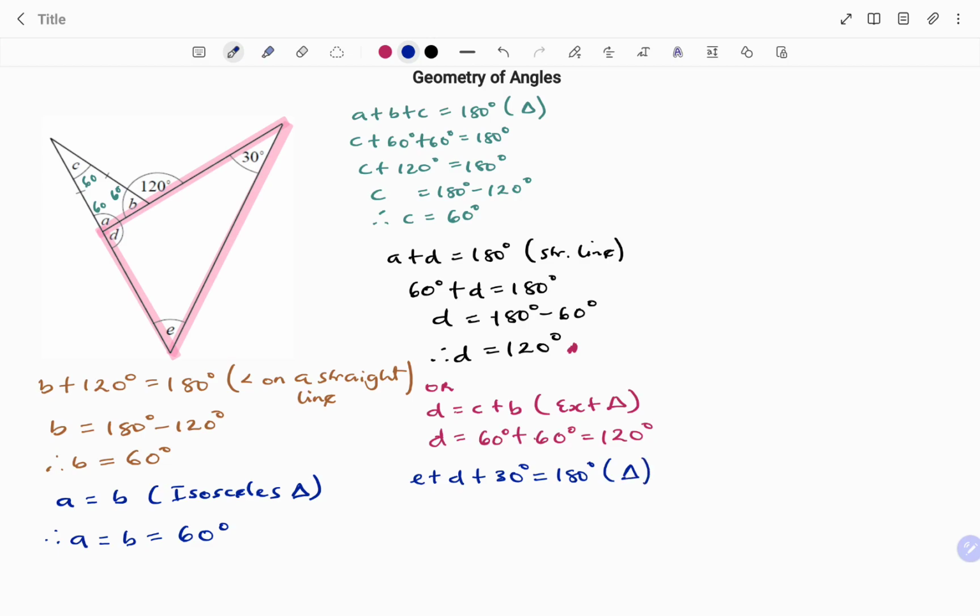I have my D to be 120, so I have E plus 120 degrees plus 30 equals 180 degrees. I have E plus 150 degrees equals 180 degrees. Therefore, taking my 150 to the other side, I have the value of my angle E equals 180 degrees minus 150 degrees, and that will give us 30 degrees. So the value of my E is 30 degrees.